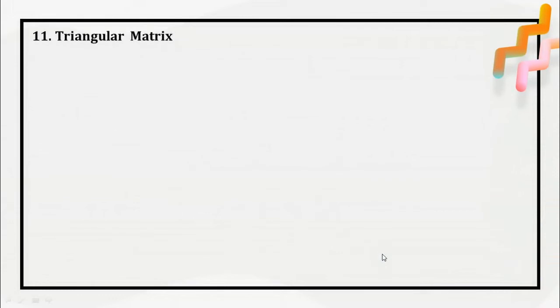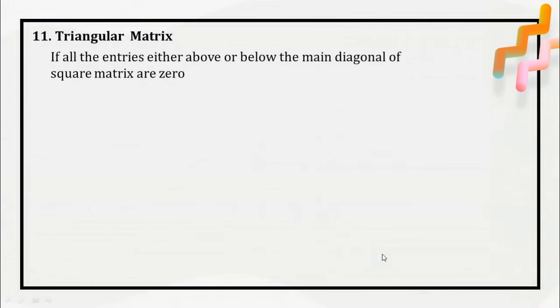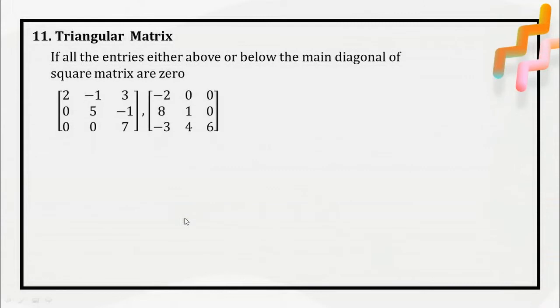Okay, the triangular matrix. If all the entries either above or below the main diagonal of a square matrix are 0. We can see from here, if the below is 0, this one is a triangular matrix, and then on the left side, the above is 0, so this one is triangular.